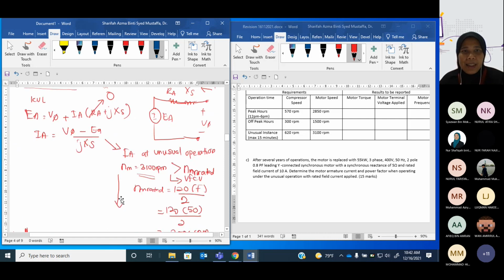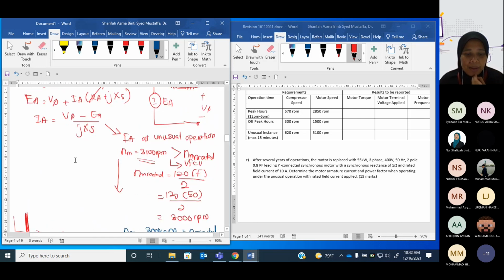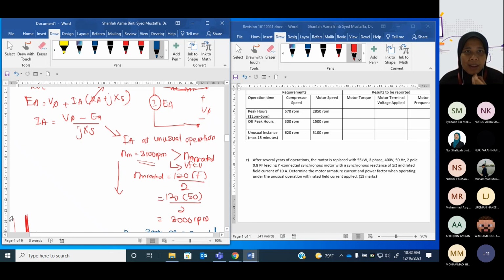Ini important ya. So this part, tadi kita proceed balik. Kita tengok nak calculate for IA. We want to calculate IA for unusual instance. So if higher than the rated speed, you want to use V phase. In this case, how to calculate your V phase?